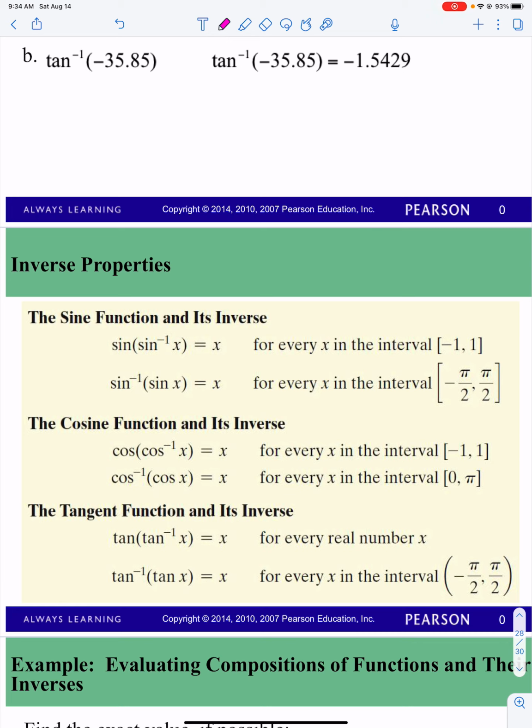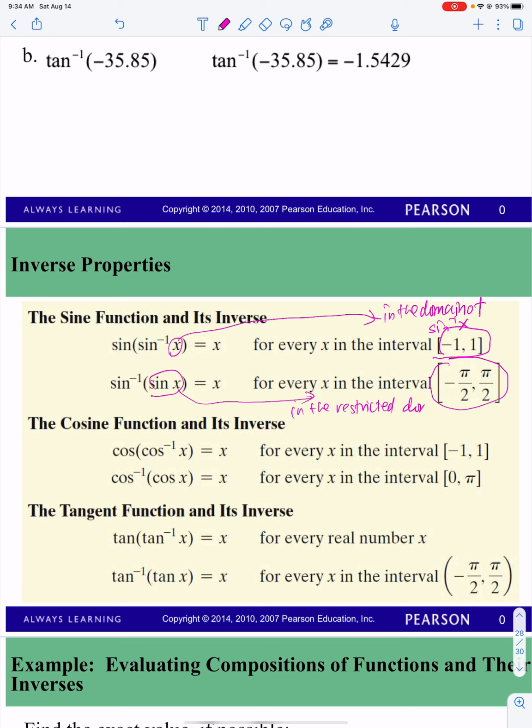The very important thing here is you have to pay attention to the domain. For sine inverse x, in order for this to be equal, this thing has to be in the domain of sine inverse, which means it has to be in the restricted domain of sine x.